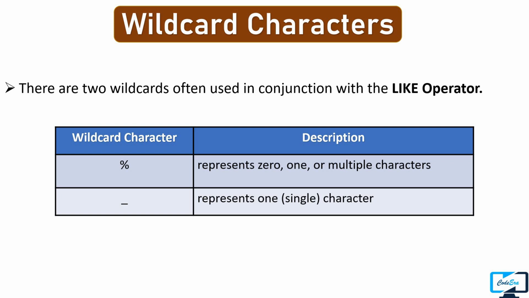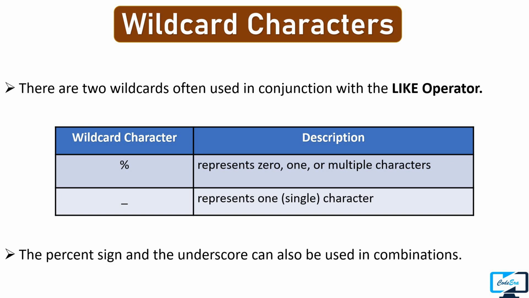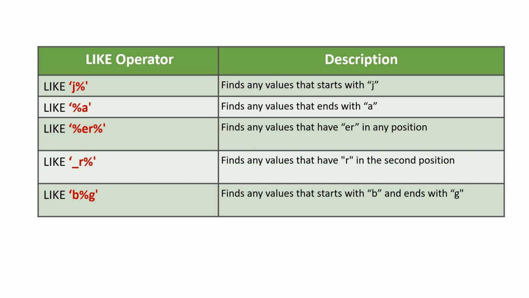The first is the percentage sign, which represents 0, 1 or more characters, and the other one is the underscore, which represents one character. That means one underscore is equal to only one character. You can also use these two wildcards in combination. For better understanding, here are some use cases of these two wildcards. Let's discuss each of them one by one.